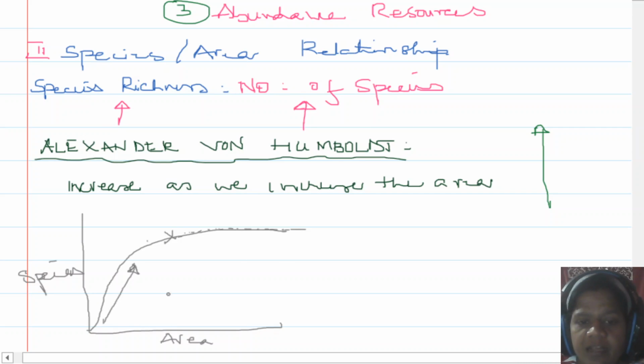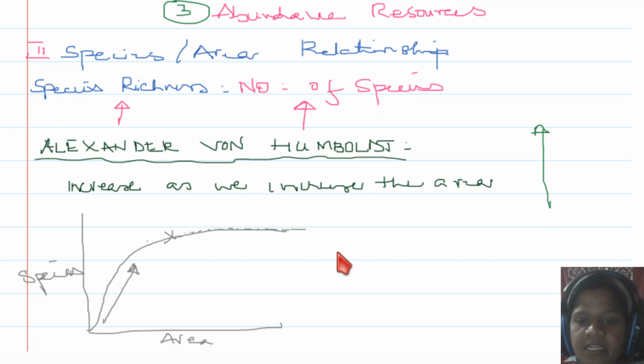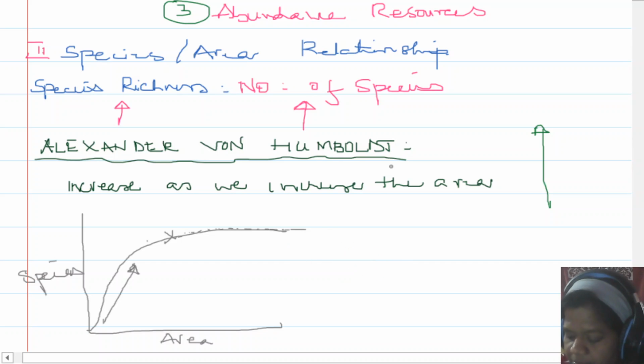Now, this curve is non-linear. We understand better when it is a straight line, right?